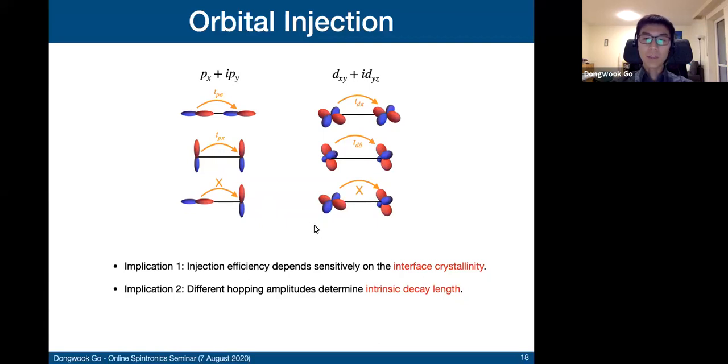Therefore, there must be some intrinsic decay length for orbital injection. According to my experience so far, I think this decay occurs within a couple of atomic layers in the metallic regime. But it may be much larger, I don't know. We need to study it in a more systematic way.